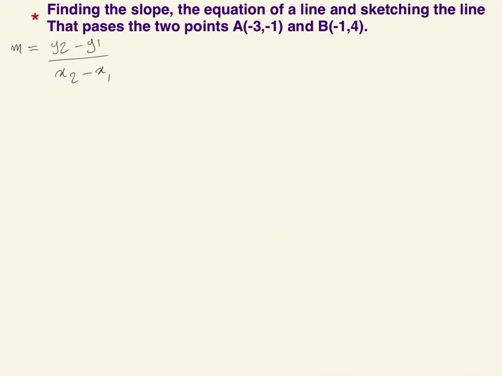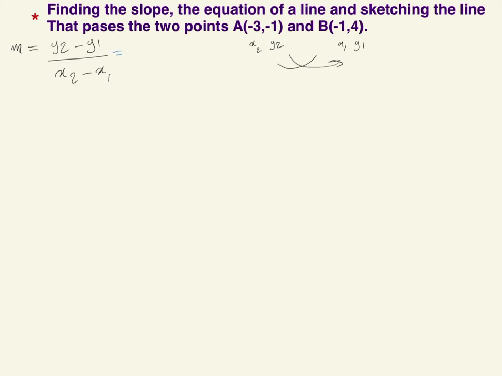So let's label: this is x1, this is y1, and this is x2, and this is y2. Or you can do the opposite, it doesn't matter. You can always switch them and it will give you the same answer.